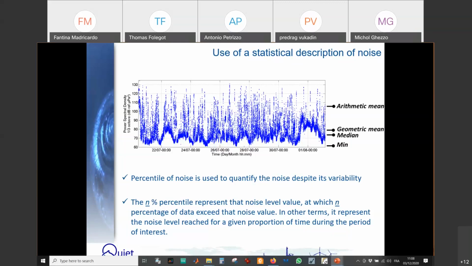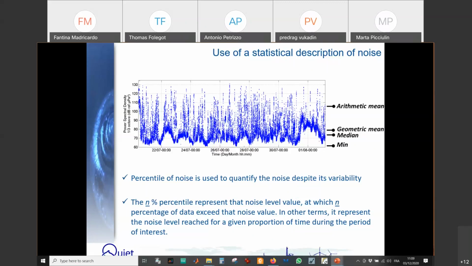Sorry, Thomas. Yes, hello. By the way, is there some reference about these thresholds? I've seen you mentioned these PTS and TTS thresholds, but then you also mentioned behavioral thresholds, and I was wondering if there are some references about that.